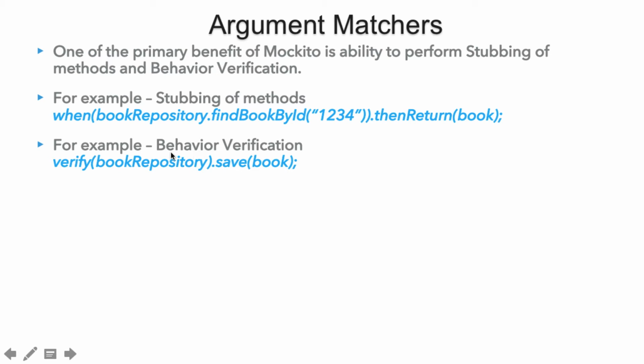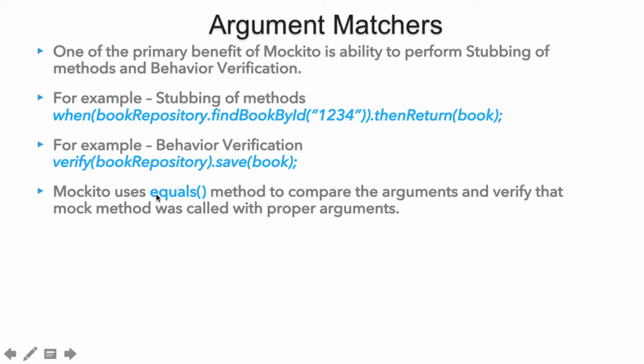Similarly, if we want to do behavior verification, we call verify. We pass in the book repository and we verify that save was called with a particular book. So this is our argument. We already discussed that Mockito uses the equals method to compare the arguments and verify that the mock method was called with proper arguments.